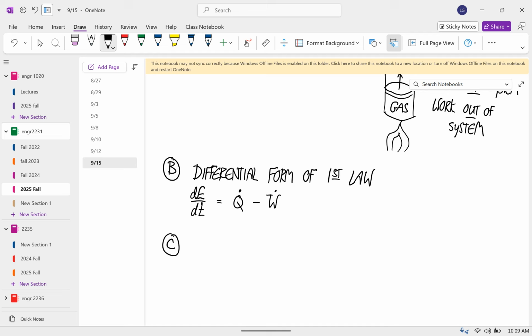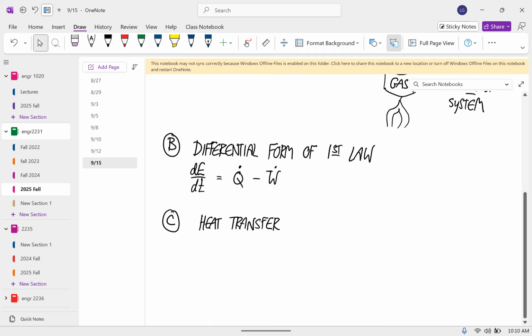So C is heat transfer. And there are three modes of heat transfer. The first one is conduction.